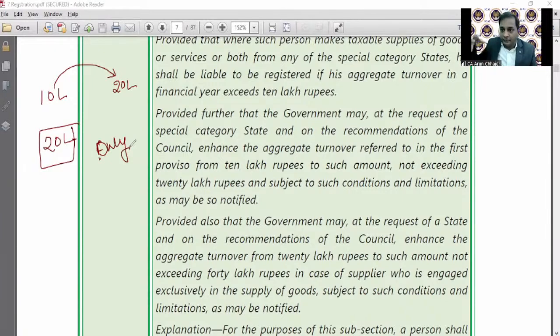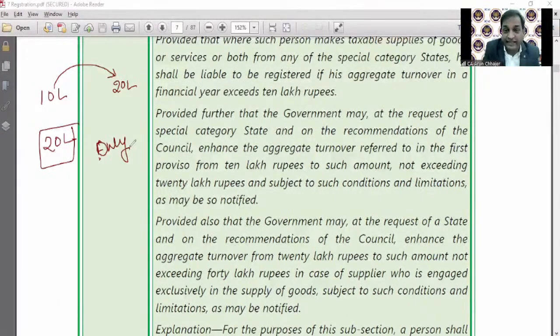Suppose I have one shop in Delhi, making the supply of goods only within Delhi. What would be the threshold limit? The answer is 40 lakhs. Is it clear?